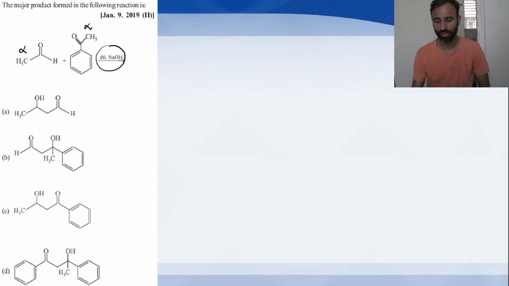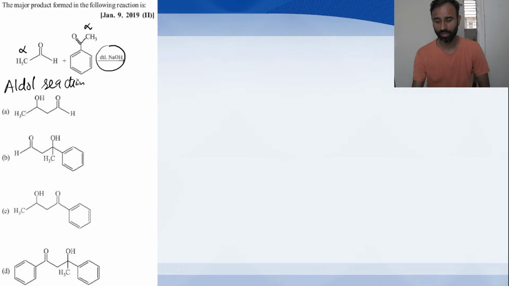Aldehydes or ketones having alpha hydrogen in the presence of dilute alkali. Aldehydes having no alpha hydrogen will undergo the Cannizzaro reaction, and aldehydes or ketones having alpha hydrogen will undergo the aldol reaction. So this is an example of the aldol reaction.